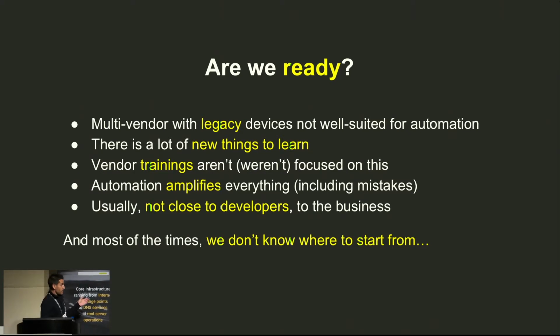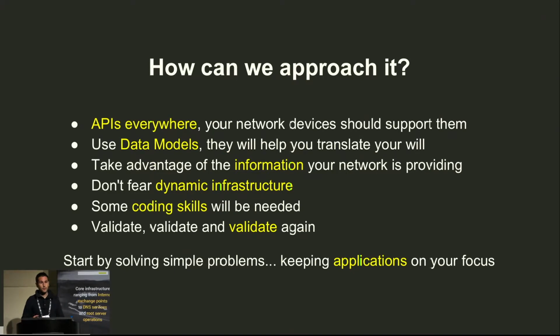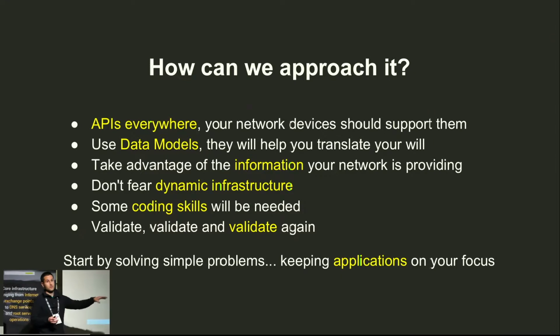Having all this in mind, sometimes it's difficult to start because you have so many things to do that it's complicated to begin. How can we approach it? I'm not going to go through these specific things because the whole presentation is about them. They are not buzzwords, just ways to do things.